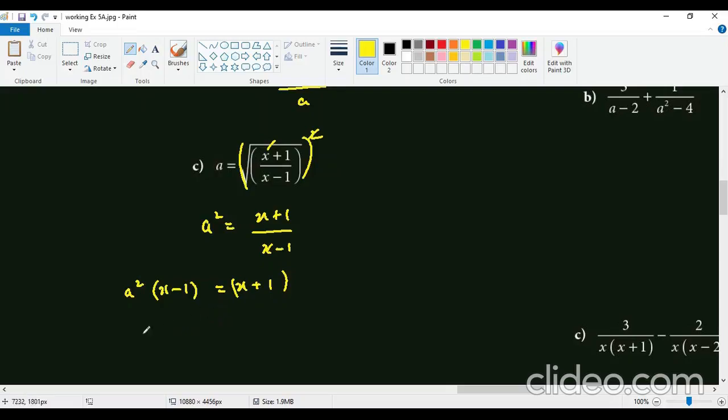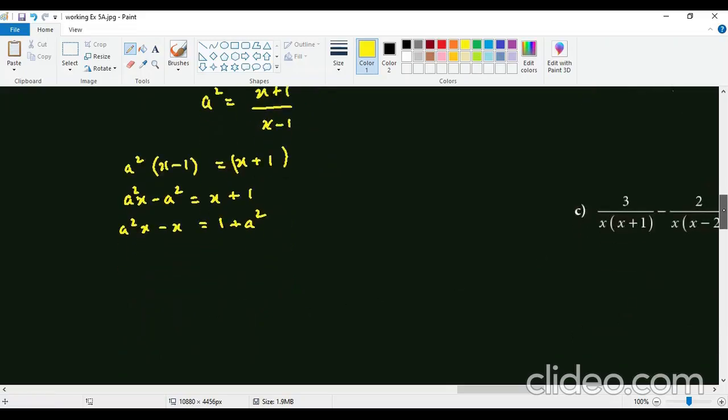Now, a square x minus a square equals x plus 1, and a square x minus x, I will take a square to the other side and make it plus a square. In here x is common, so x times (a square minus 1) equals 1 plus a square. So x will be equal to 1 plus a square over a square minus 1. This is going to be your final answer.